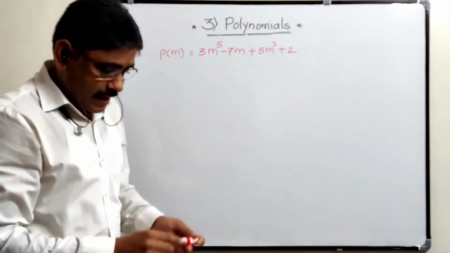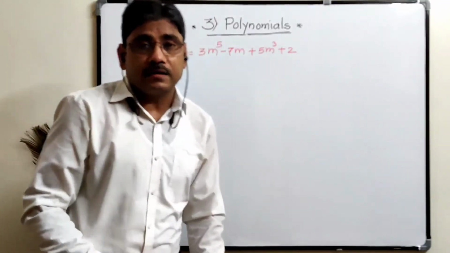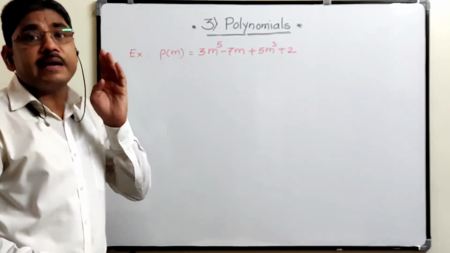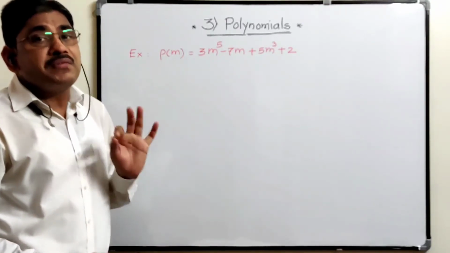This is the given example. Now we have to write this polynomial in standard form, then in index form, and at last coefficient form.